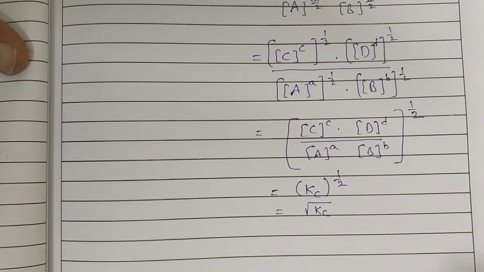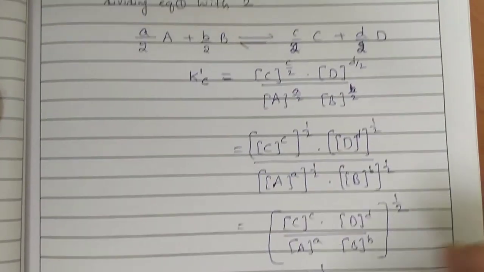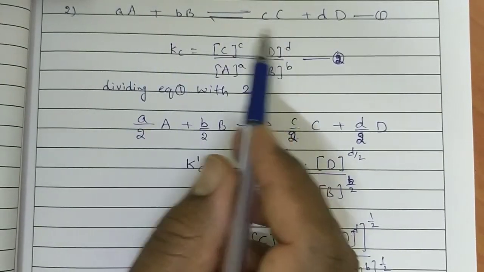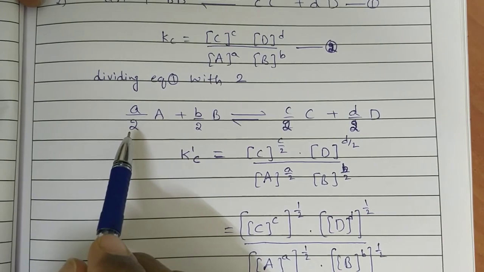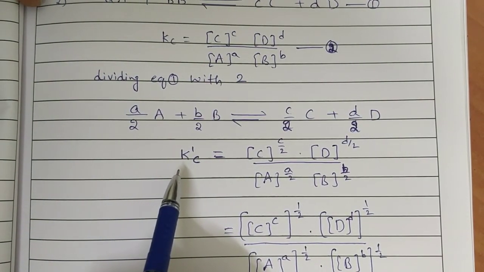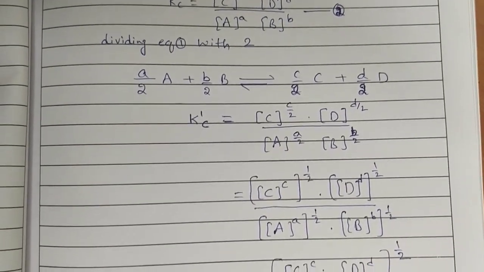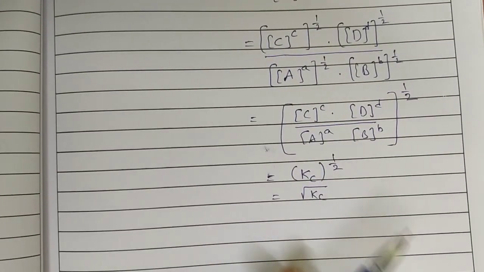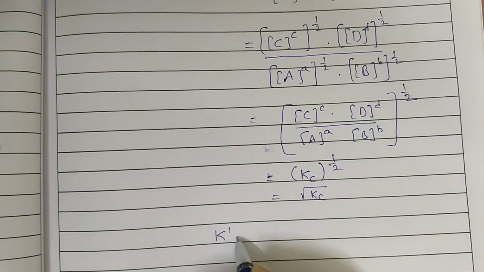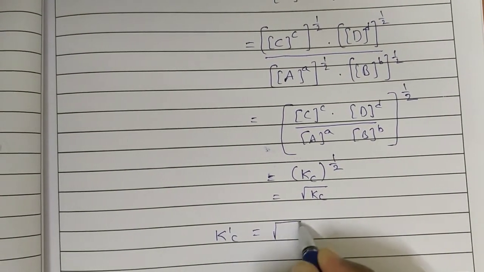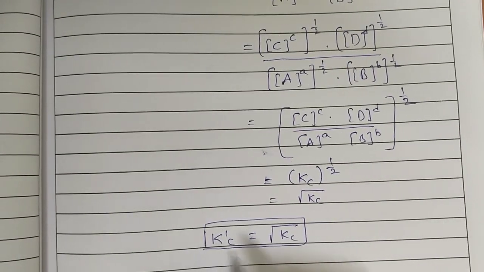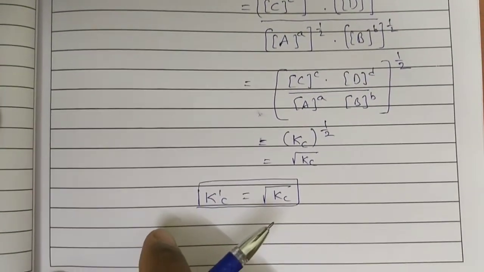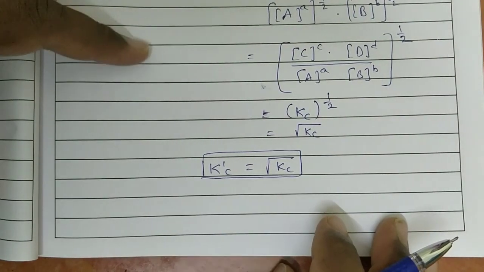So when we divide the equation by 2, a new equilibrium constant is obtained. That new equilibrium constant and old equilibrium constant are related as Kc dash is equal to root of Kc. This is the relation we got when the equation is divided by 2.